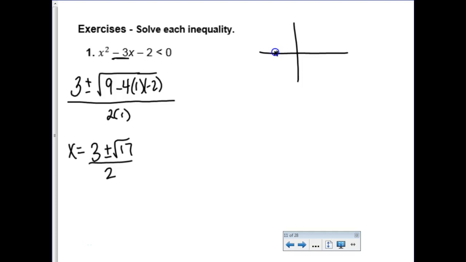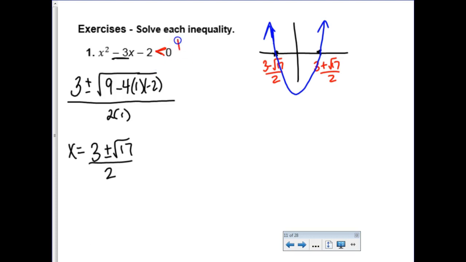All right, so here's what I'm going to do. This quadratic has these two x-intercepts. This one is at 3 minus square root of 17 over 2, and this one is at 3 plus square root of 17 over 2. I don't know exactly what the quadratic looks like, except I know it looks kind of like that. That is pretty good, right? Go me. The question is, where is this polynomial, and translate this for me, guys. What does this say?